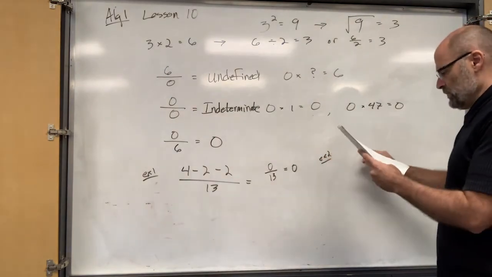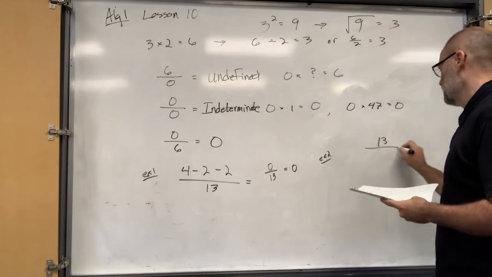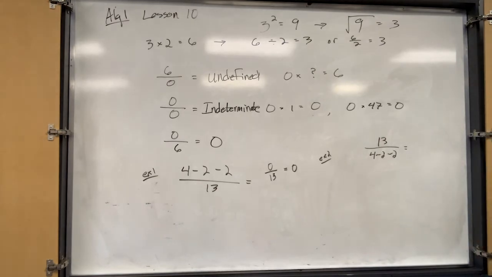Okay, let's do another one. Example 2. Well, that's boring. What's that going to be? Undefined. Undefined, because you're going to get 13 over 0, and then that alarm is going to go off in your head saying danger. That's bad, right?